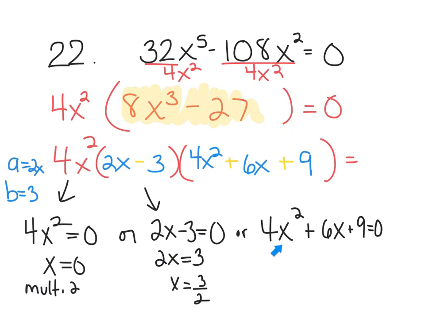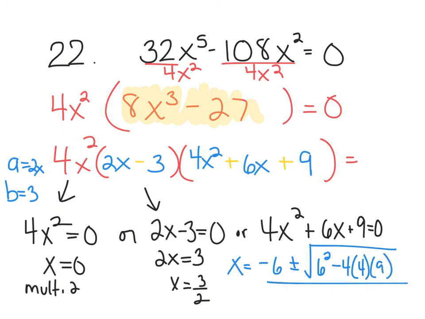In the last one, this is quadratic. It has a linear term, so the square root method is not an option. We have to go to the quadratic formula, which states that x is equal to negative b plus or minus, so this would be negative 6 plus or minus the square root of b squared would be 6 squared minus 4 times a, which is 4, times c, which is 9, all over 2 times 4.